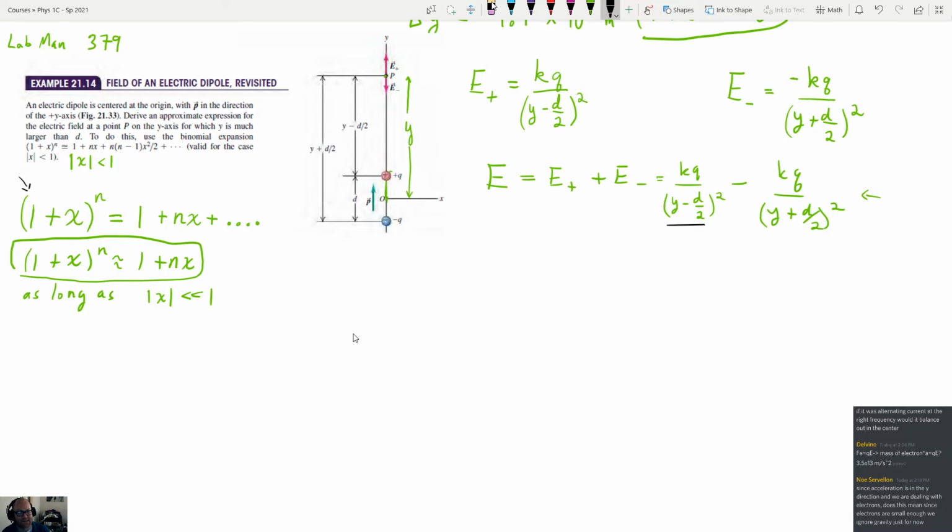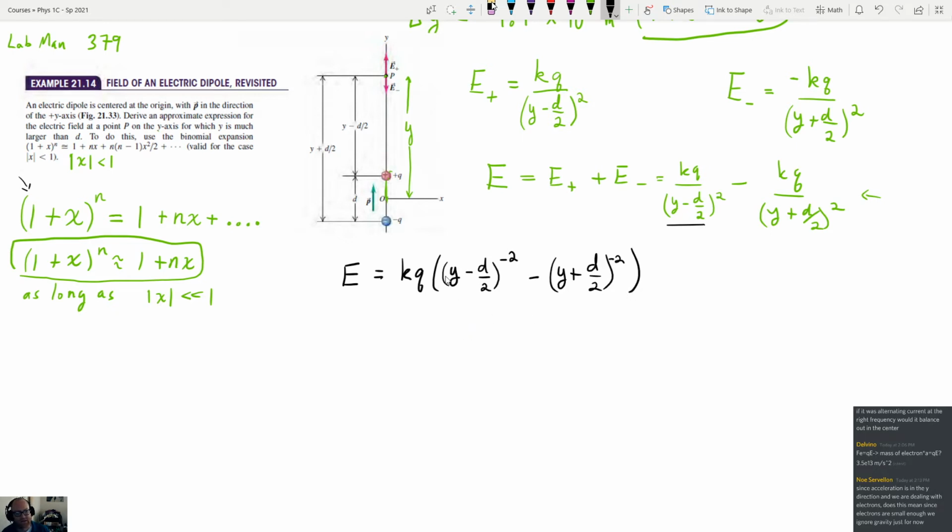Okay, so to do that, over a couple of steps, we'll say the electric field is, both of these terms have a k times q in them. And I'm going to rewrite both of the terms in the denominator. I'm going to write them as y minus d over 2 to the negative 2 power, minus y plus d over 2 to the negative 2 power.